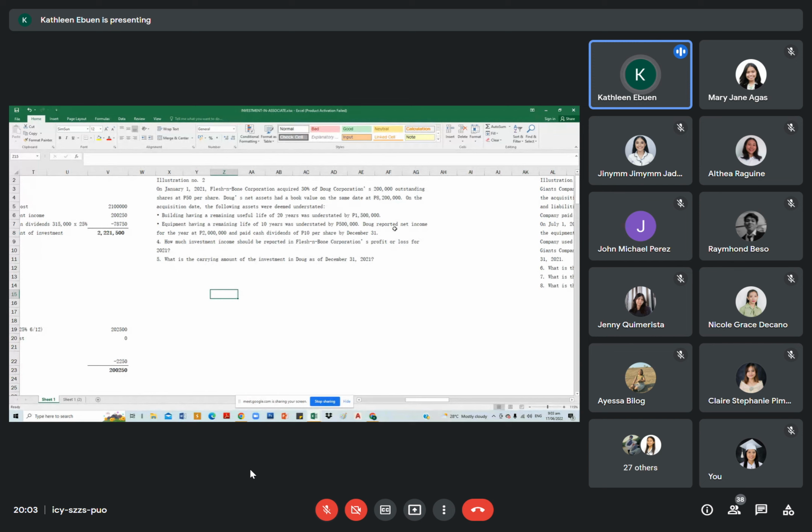The reported net income for the year is 2 million and paid cash dividends of 10 pesos per share by December 31. How much is the investment income and what is the carrying amount of investment in Dow as of December 31, 2021?